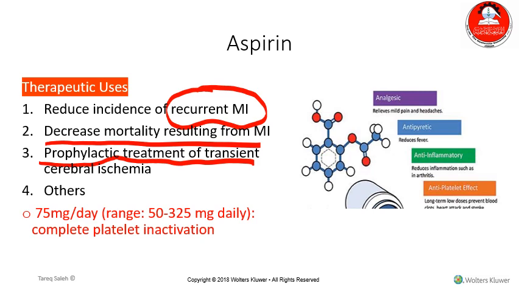Note here that aspirin has other uses that are different from its antiplatelet function. All of these uses are where aspirin is used as an antiplatelet agent. But remember that aspirin can also be used as an analgesic, again, because it inhibits cyclooxygenase 1. It can also be used as an antipyretic to reduce fever.